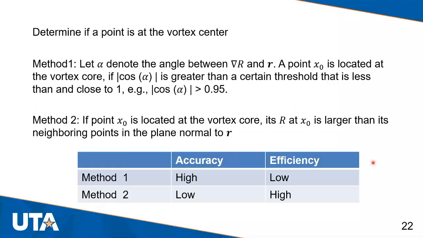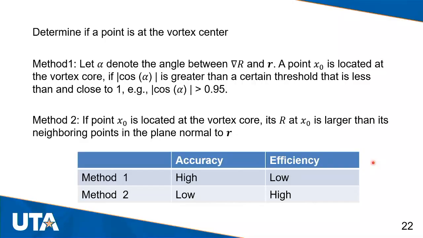So we still go back to the definition of Liutex. The definition requires parallel. So a straightforward method is we just check the angle between these two directions. If the angle is 0, they are parallel. But as I have mentioned before, this condition requires the point to be very close to the vortex core.